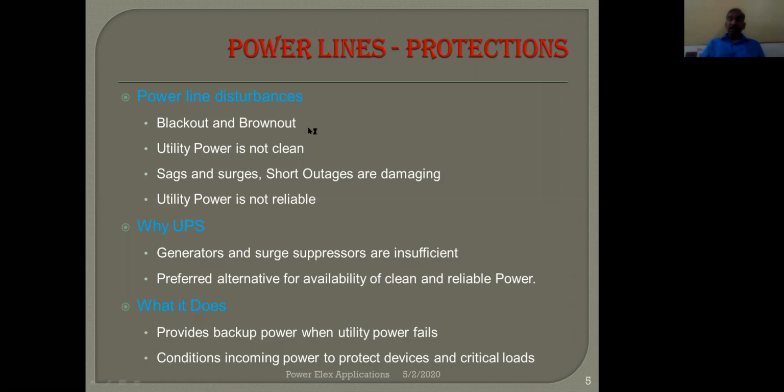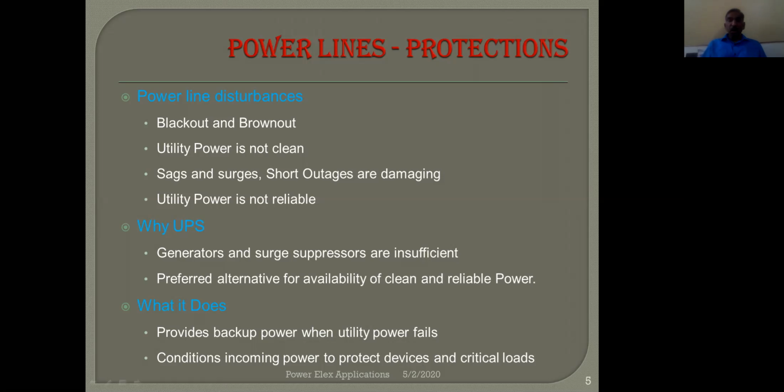And it is the alternative which is preferred for clean, reliable, and uninterrupted power supply, as it's mentioned in the name itself. Uninterrupted literally means there is no interruption of even a millisecond, because we studied that a millisecond's outage can wipe out data in your RAM. So uninterrupted means literally uninterrupted.